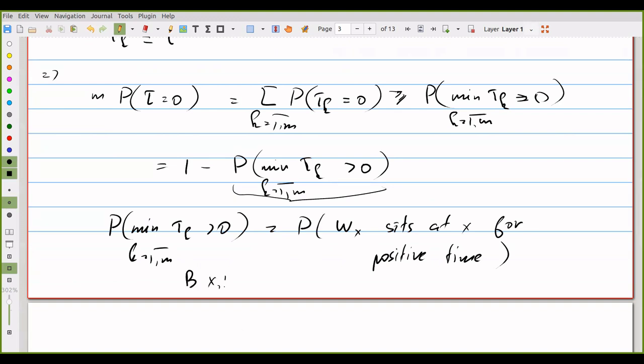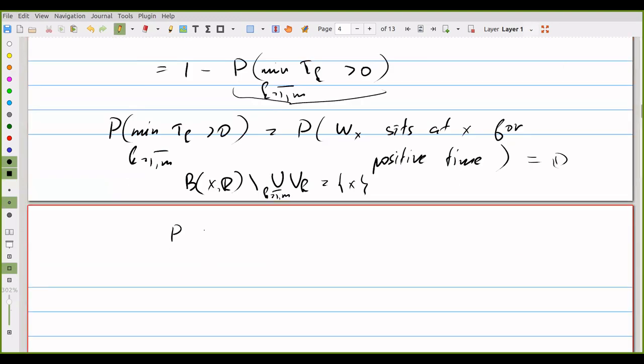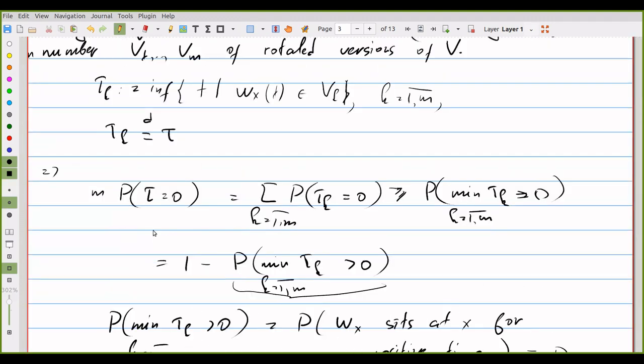Because if we subtract from this the union of our cones, this is just the vertex. But this is obviously 0. But if it's 0, then the probability that τ equals 0 is greater than 0, because it's at least 1 over m.